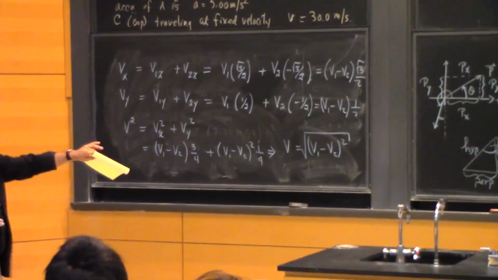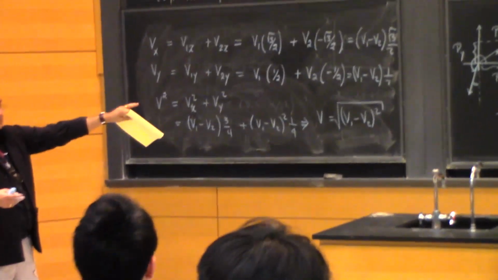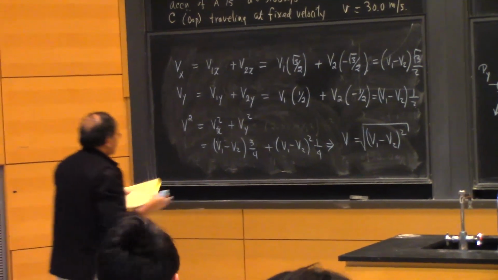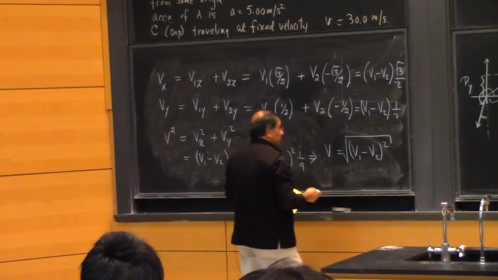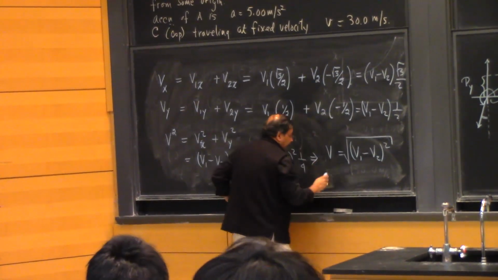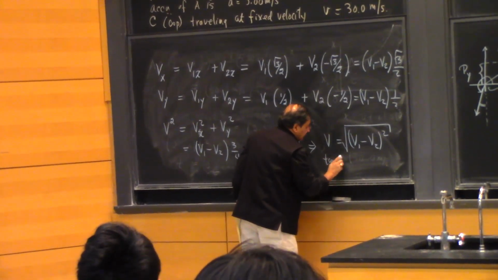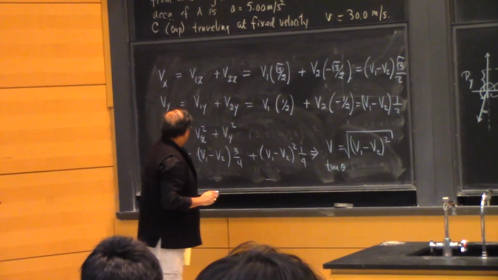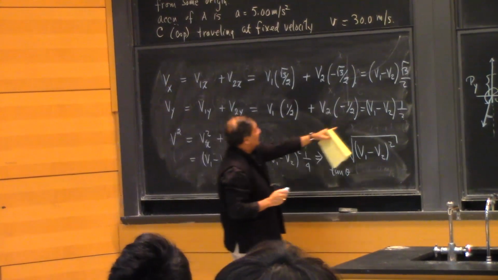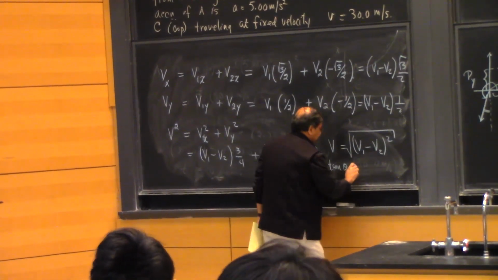Remember, we already found out that we wind up with just the difference of the two vectors because the vectors are pointing equal and opposite. So we have just confirmed the expected result, and the tan of theta in this case is Vy over Vx. So let's look at Vy, that's my Vy, that's my Vx.